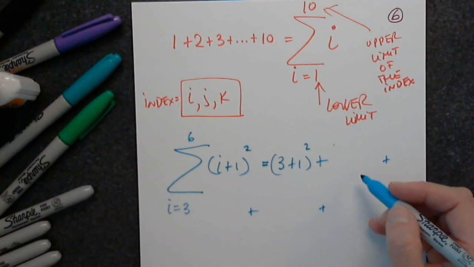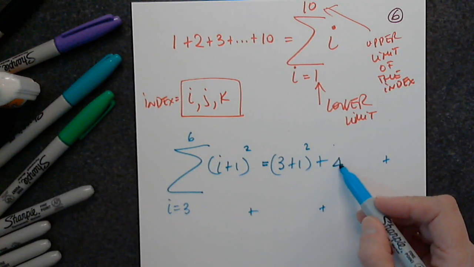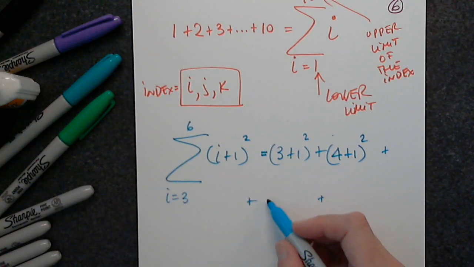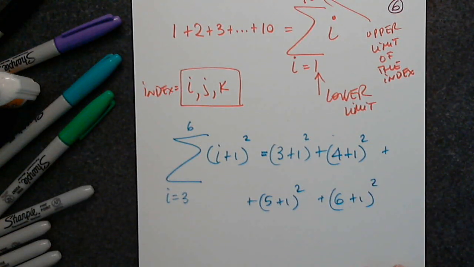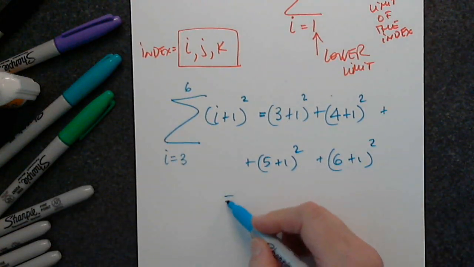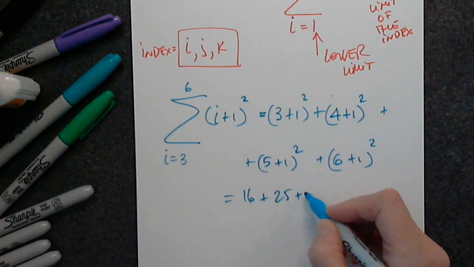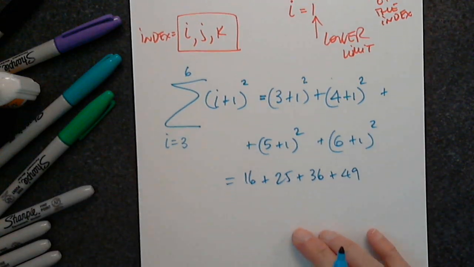The next one will be 4 plus 1 squared. The next one will be 5 plus 1 squared. And the last one will be 6 plus 1 squared. And of course, indeed, 4 squared will be 16. 5 squared will be 25. 6 squared will be 36. And 49.